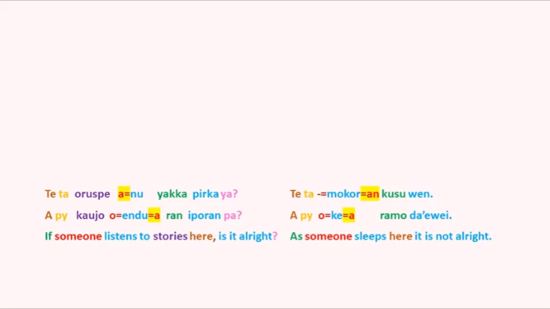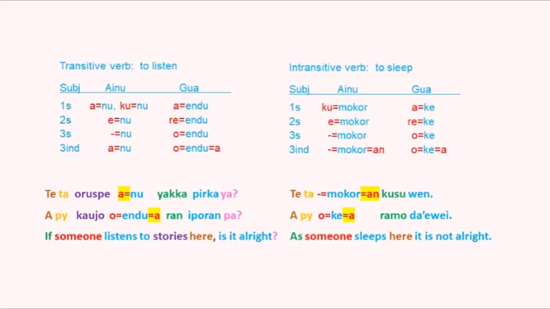Let us now see the complete conjugation of transitive and intransitive verbs, including the indefinite third person. Ainu and Guarani verbs are conjugated with prefixes in the first, second, and third person singular. When the third person is indefinite, we add a suffix or a prefix to the third person.